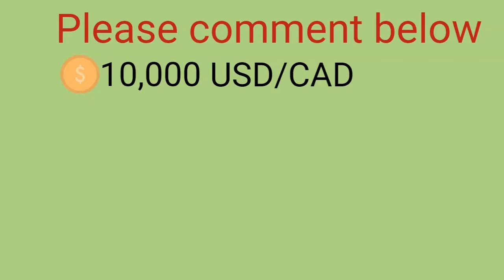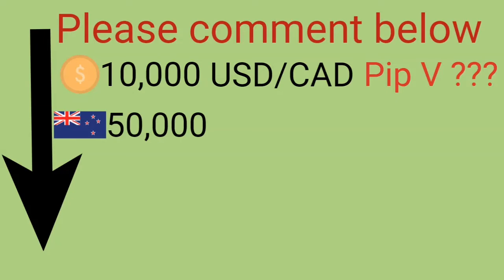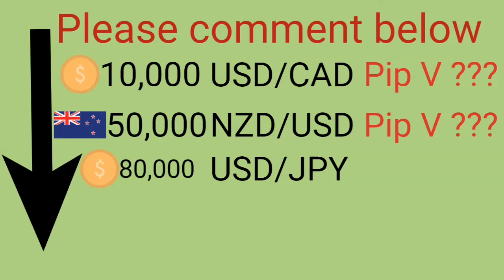Now, if we have $10,000 of a USD/CAD pair, how much is the pip value? Please comment below. Another one: if we have 50,000 of the New Zealand dollar on a NZD/USD pair, how much is the pip value? Please comment below. If we have $80,000 of a USD/JPY pair, how much is the pip value?